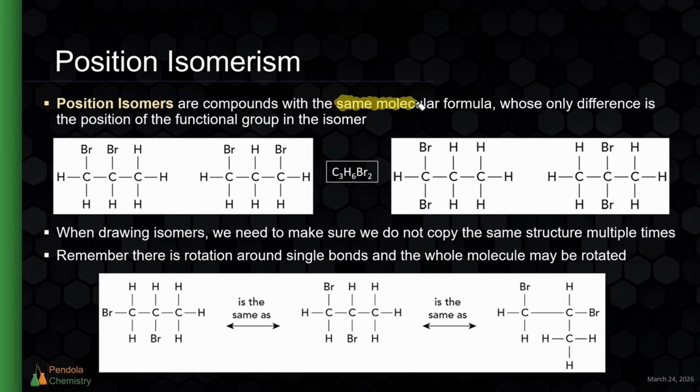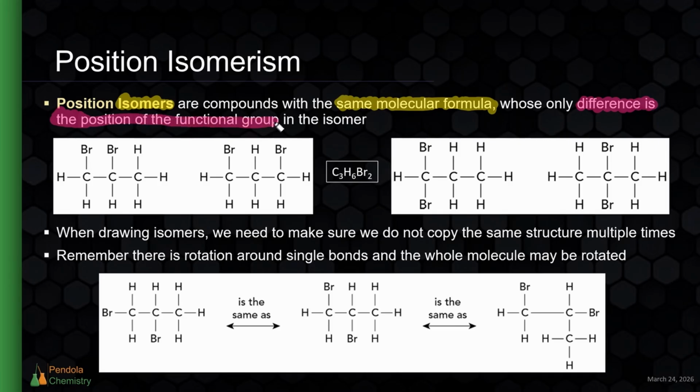Anytime we have an isomer, they're always going to have the same molecular formula. That's what makes them isomers. Otherwise, they wouldn't be isomers. What's going to change is why they are different. In this case, the difference for position isomers is the position of a functional group.